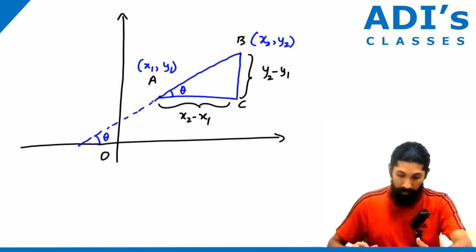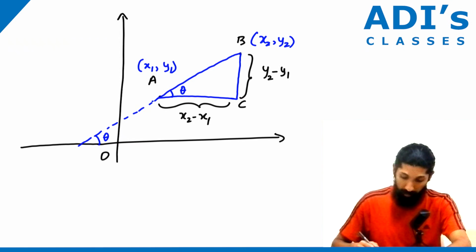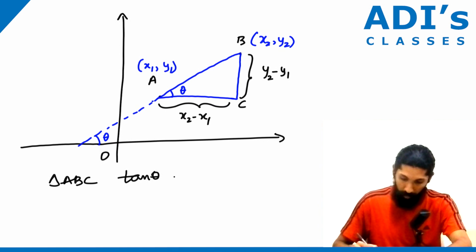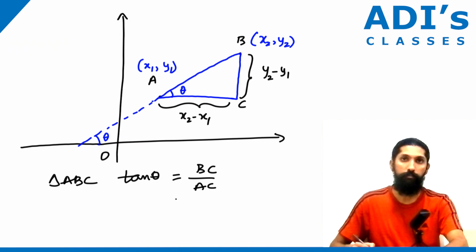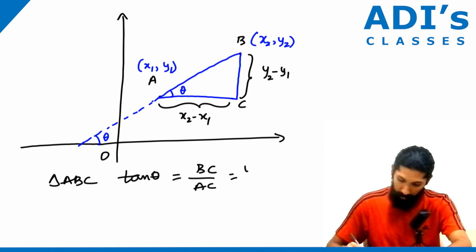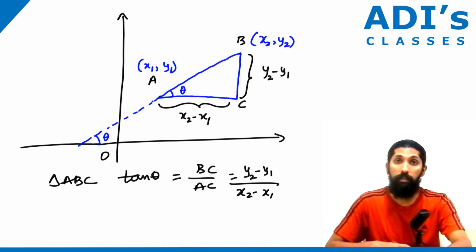Now in this, let's see what tan theta is. In triangle ABC, tan theta is equal to what? BC divided by AC, correct? So BC is y2 minus y1 divided by x2 minus x1. Now remember, tan theta is nothing but the slope of this particular line.